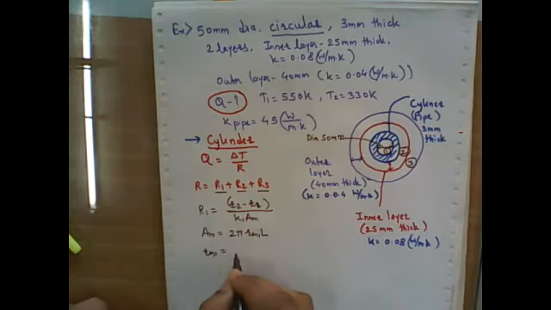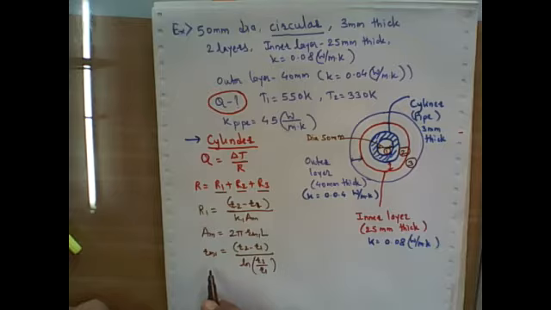So this can be represented as R2 minus R1 upon ln of R2 by R1. So this is the concept we have discussed earlier, that log mean radius for the cylinder is the difference between the radiuses, that is R2 minus R1, divided by the log ratio of radius again, so ln of R2 by R1.